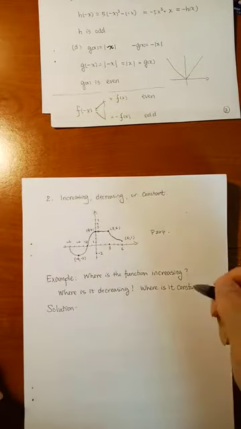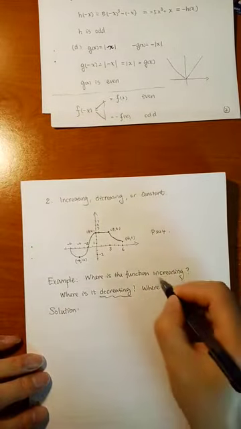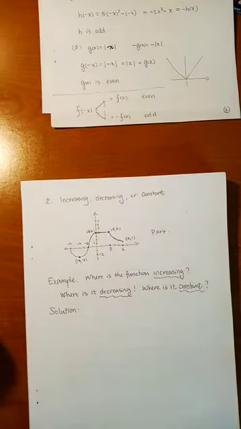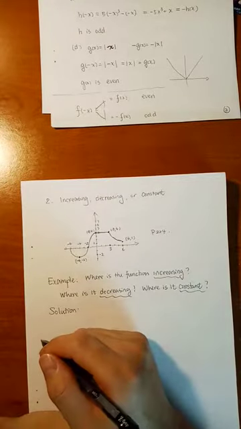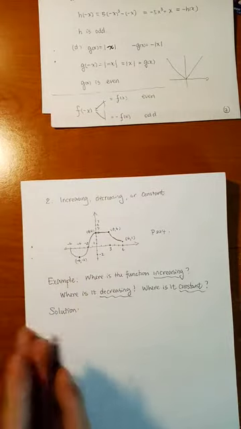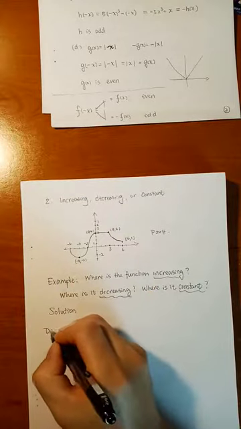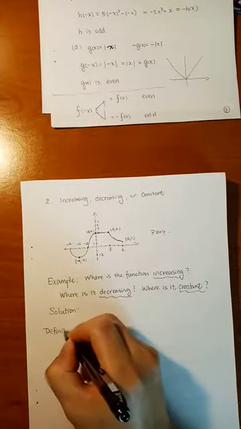To answer this question, first we have to define those words: increasing, decreasing, and constant. When we talk about increasing, we always move from left to right. First, we give the definition.